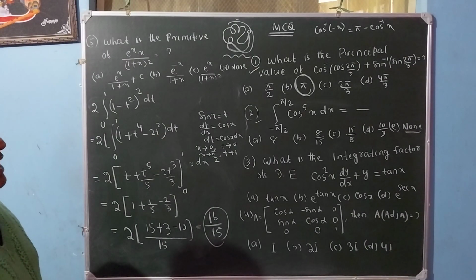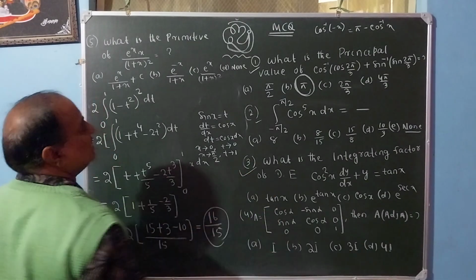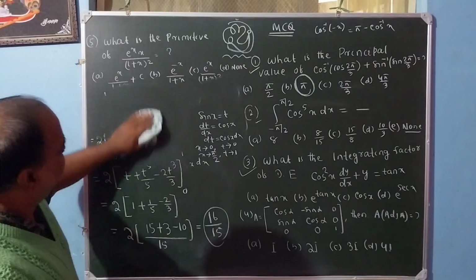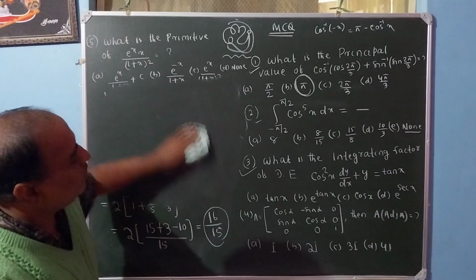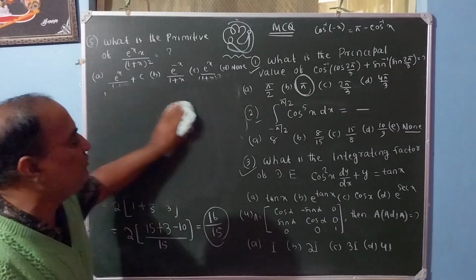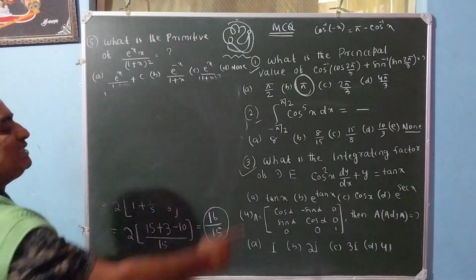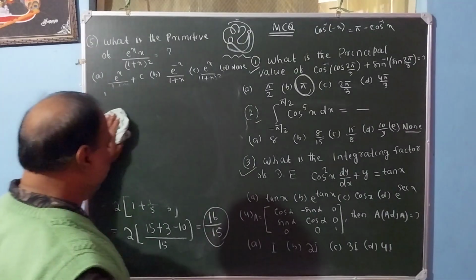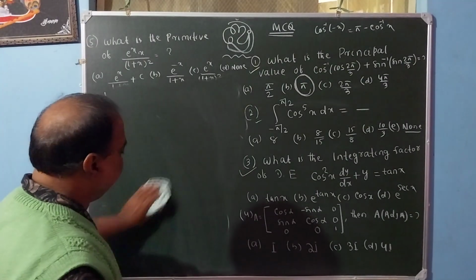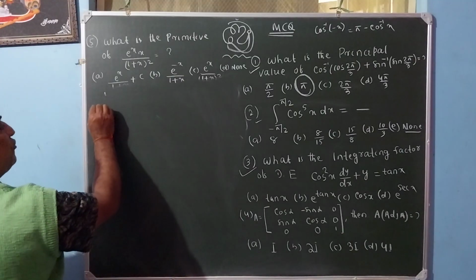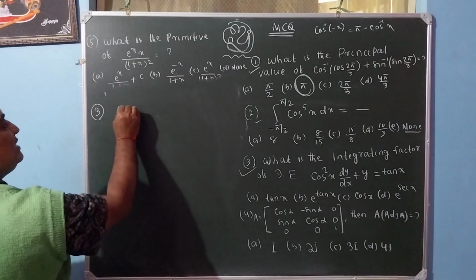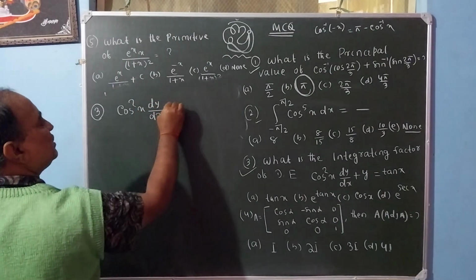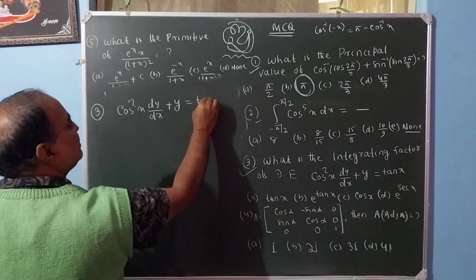Okay, so let us take another question. Question number 3. What is the integrating factor of the differential equation cos square x dy by dx plus y is equal to tan x?